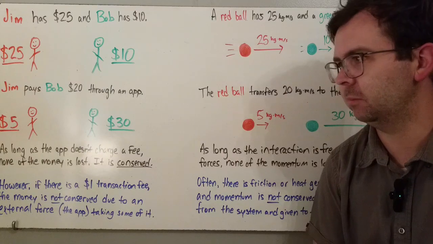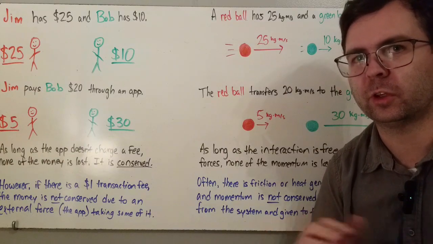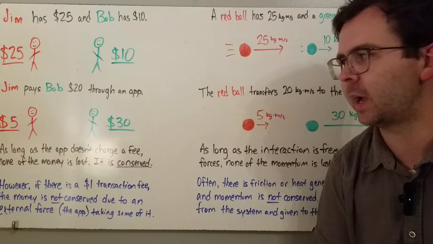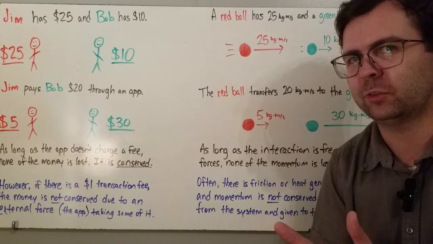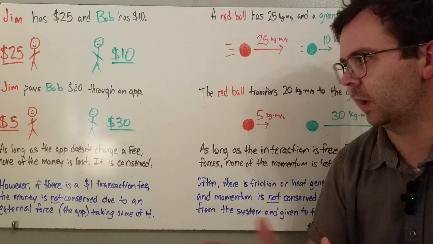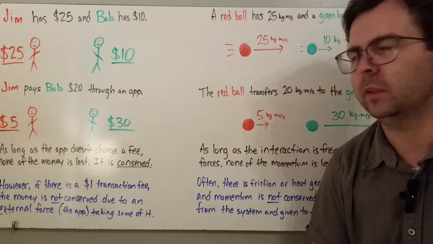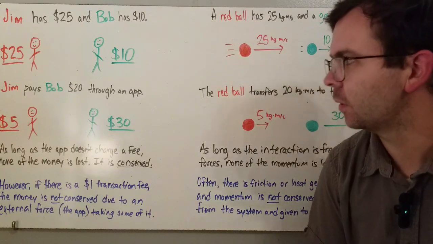So money can be conserved as long as there's nothing else taking the money away or adding money. As long as the system is isolated from any external forces like transaction fees, then the money can be conserved.